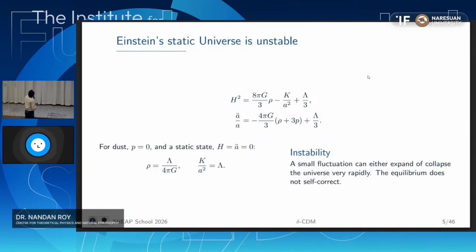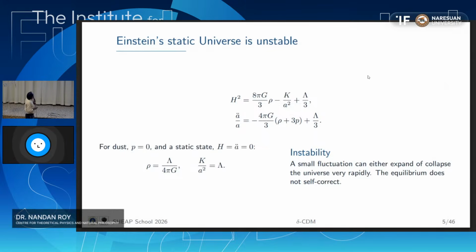I'm going a bit fast because I think you have already seen this. This is the first Friedmann equation, and this is the acceleration equation, the second one. You can use this lambda to get a stable universe, and that was the idea for Einstein.